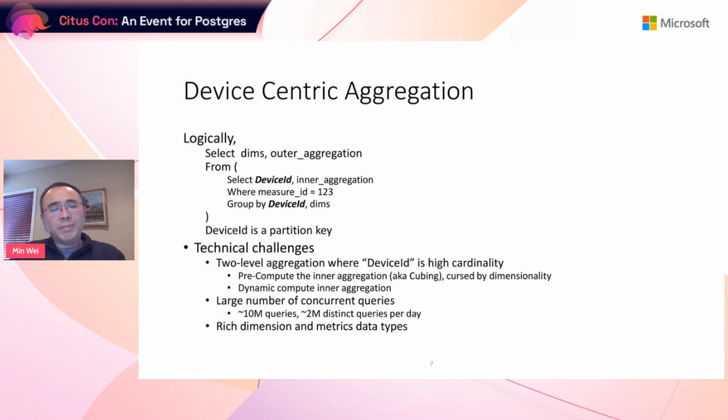We need to handle about 10 million queries per day, and 2 million of them are distinct. So we need to serve device-centric queries like this over and over again. And because Windows is a very big business, we have rich dimensions and also metric types. I think these all add to the technical challenges, right? Supporting rich, especially extensible, data types is something not a lot of database systems can do.